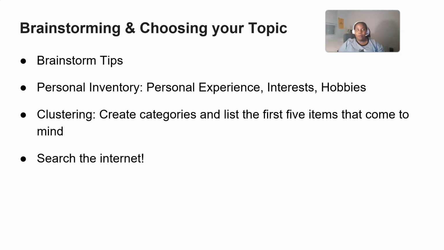So this is where, especially in projects such as public speaking and putting together information and speeches, a small group can bring the advantage, because you have all your different ideas, you have the potential for a greater amount of ideas, and you can collaborate on choosing an idea for the topic: taking personal inventory, talking about interests and hobbies, talking about experiences and bringing those to the group as they share their experiences with you, creating categories, listing the first 5 items that come to mind, doing internet searches.